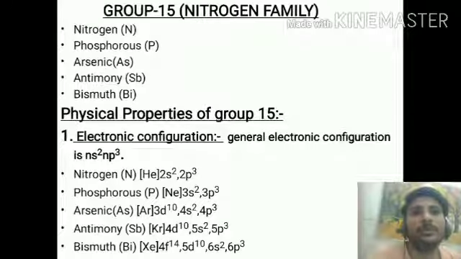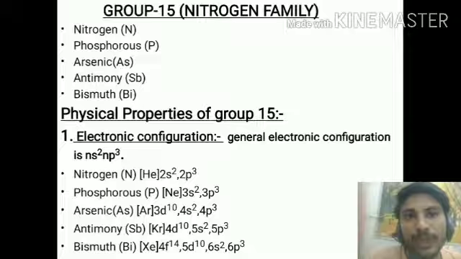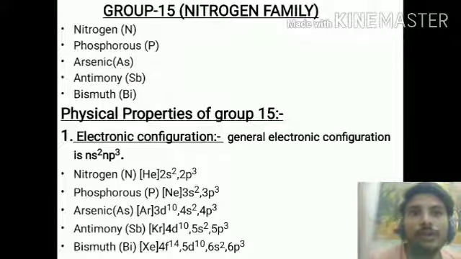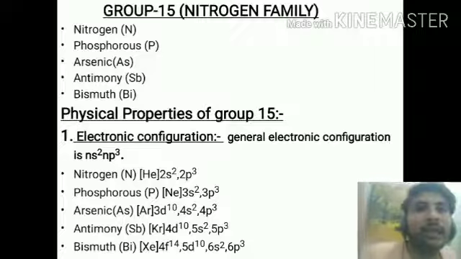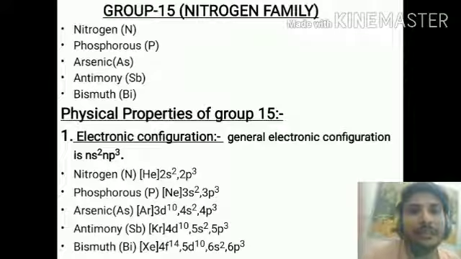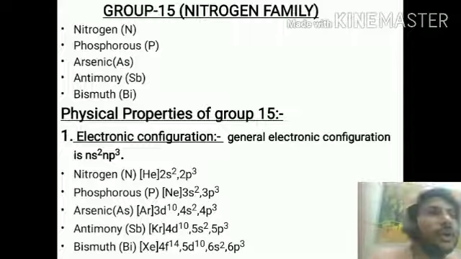The 15 group is called the nitrogen family. The elements present here are nitrogen, phosphorus, arsenic, antimony, bismuth. Symbols are nitrogen N, phosphorus P, arsenic As, antimony Sb and bismuth Bi. Now first of all we have to study the electronic configuration.